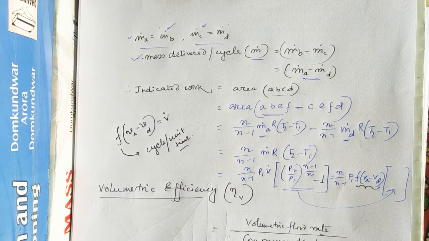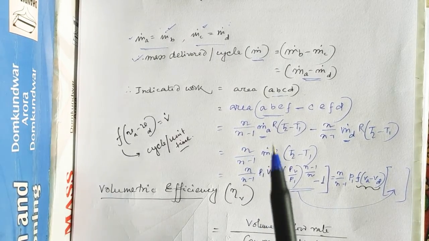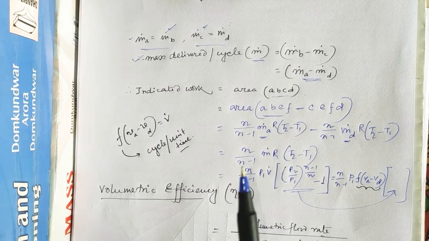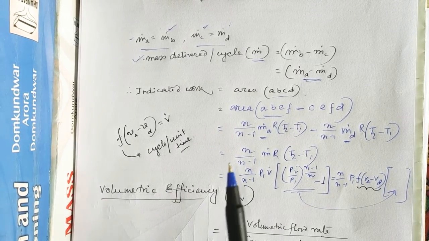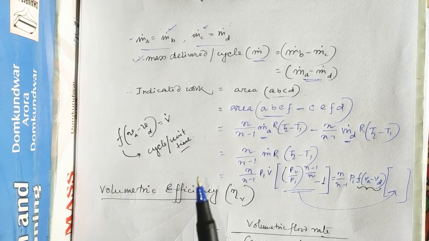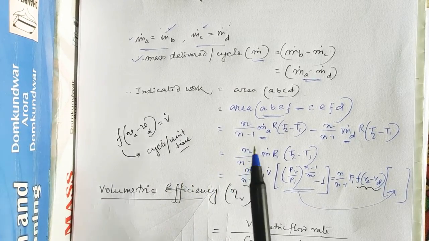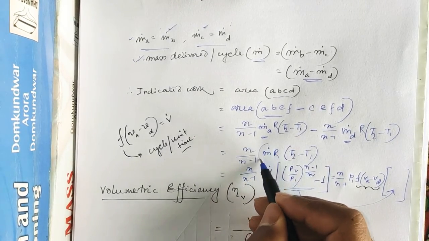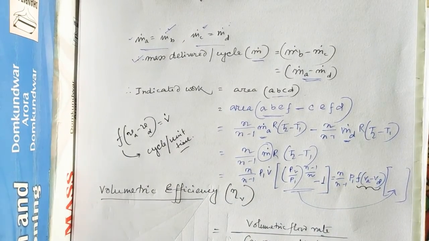The mass flow rate of the refrigerant decides the refrigeration capacity of the system, and for a given inlet condition of the compressor, this mass flow rate m dot depends on the volumetric efficiency of the compressor. So what is volumetric efficiency?